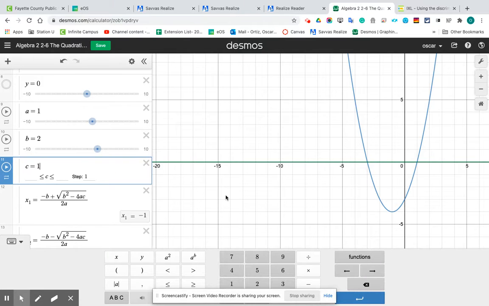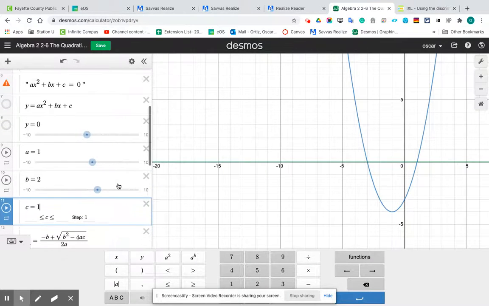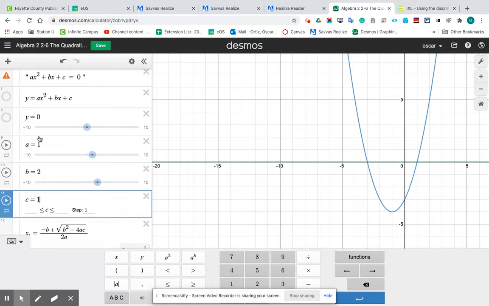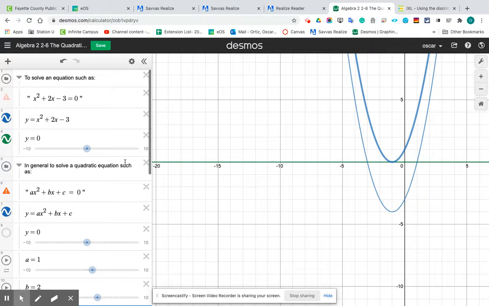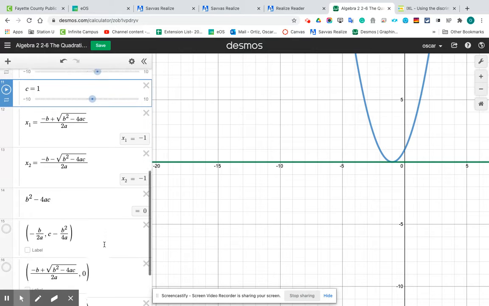I should have y equals 1, but I don't think it's changing. For some reason, oh, maybe I need to graph it, right? I didn't want to have this highlighted here, but this one down here. So when we're graphing those two, and I change that to 1, now the vertex is right on the x-axis.